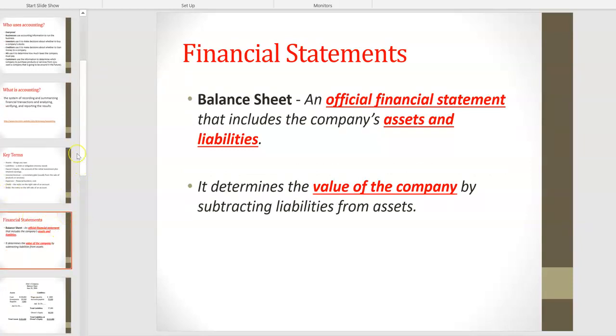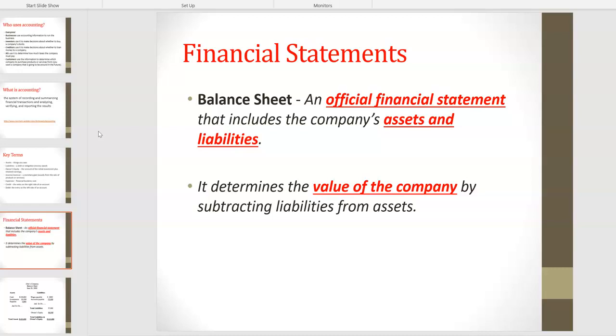The other thing that you should be familiar with is that there are two different types of financial statements. And in part 2 of this video, I'm going to go into details and explain to you more about the balance sheet and the income statement. But just know that a balance sheet is a financial statement.